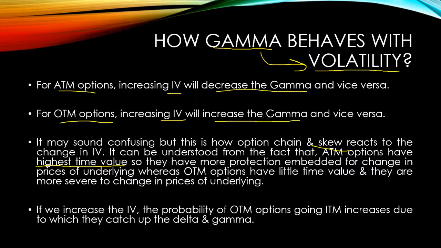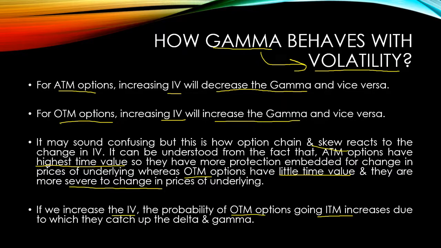So they have more protection embedded in them for change in the price of the underlying. Whereas out of the money options have little time value. They are just token options trading at cents or at $1 or $2, and they are more sensitive to change in the price of the underlying. If we increase the IV, the probability of OTM options going in the money increases, due to which they catch up on delta and gamma.